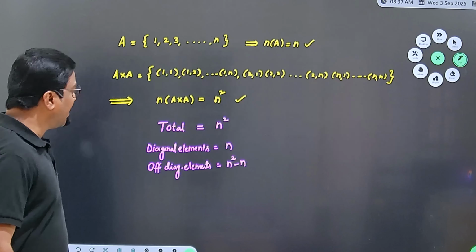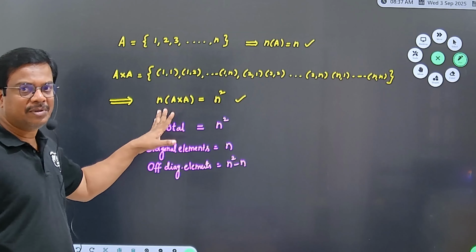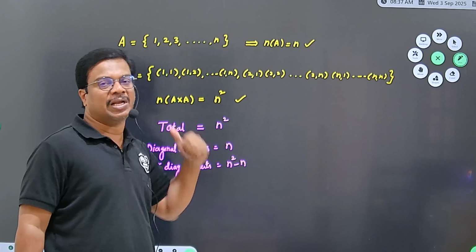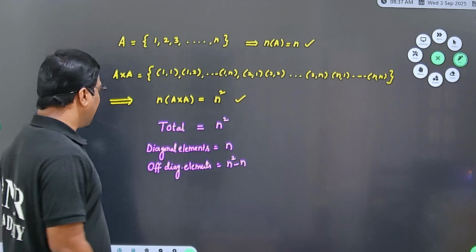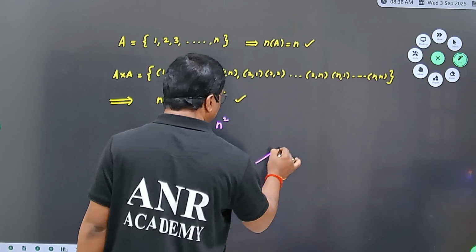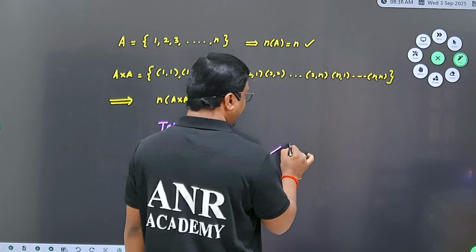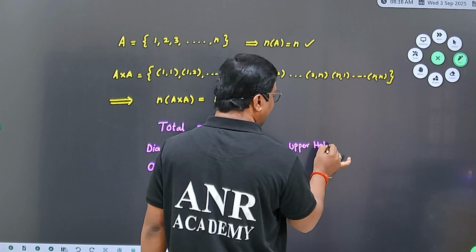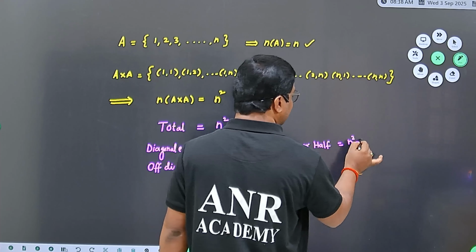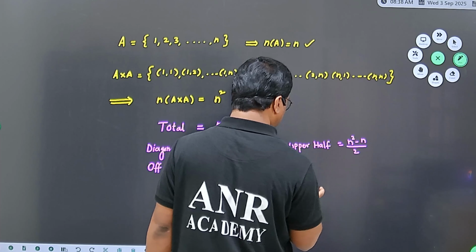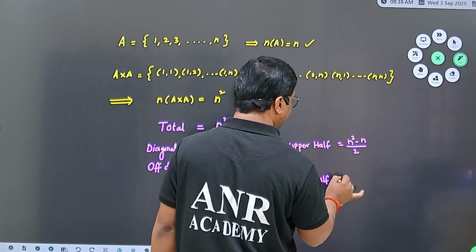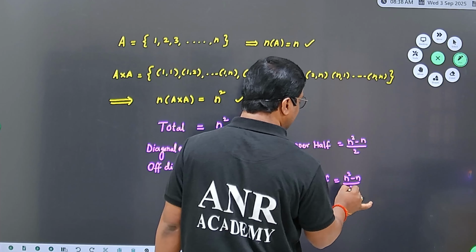Upper half contains n square minus n divided by 2, lower half contains n square minus n divided by 2 elements. Why? Because they are equally distributed. So upper half n square minus n divided by 2 and lower half n square minus n divided by 2.